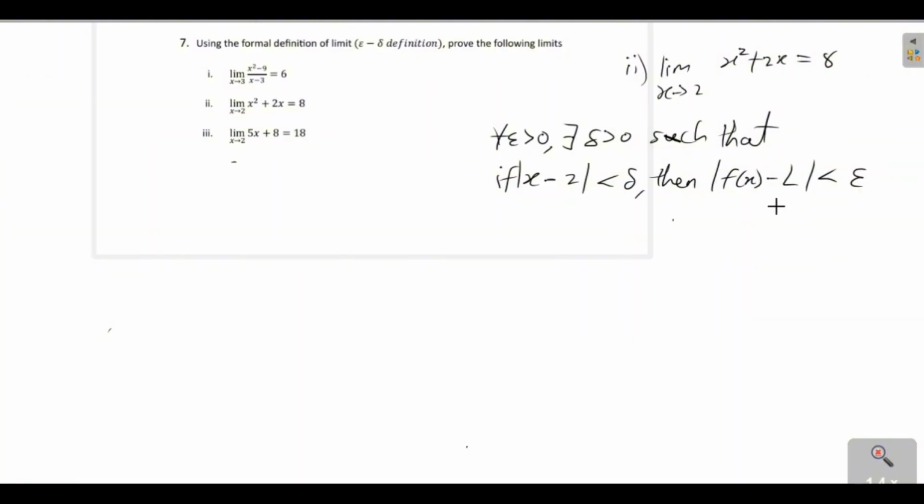So with these two, I'm going to do an exploration to choose some delta, which will help me to prove that the distance between the function f of x and its limit is less than epsilon. So let me do my exploration.